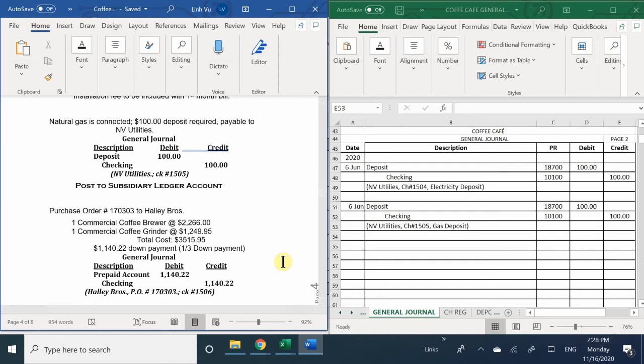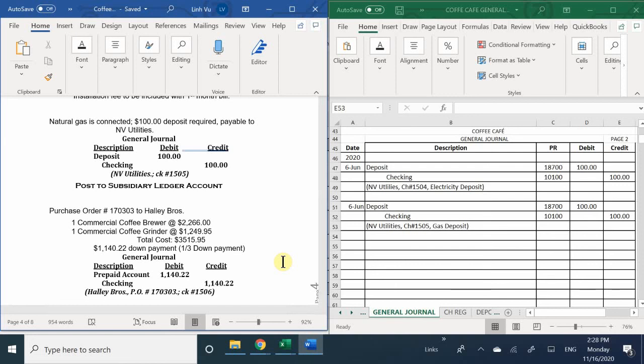We have purchase order 170303 to Haley Brothers, one commercial coffee brewer at $2,266, one commercial coffee grinder at $1,249.95. Total cost $3,515.95. And there's a $1,140.22 down payment, a third down payment.